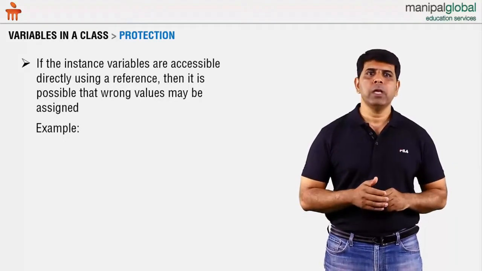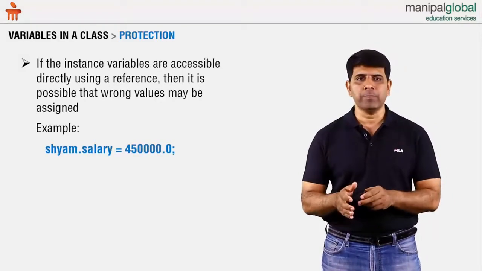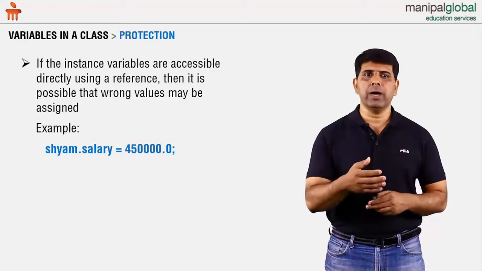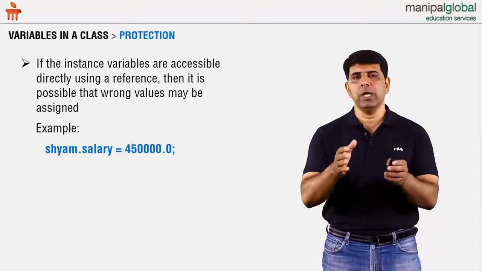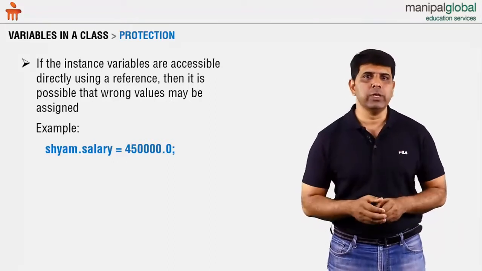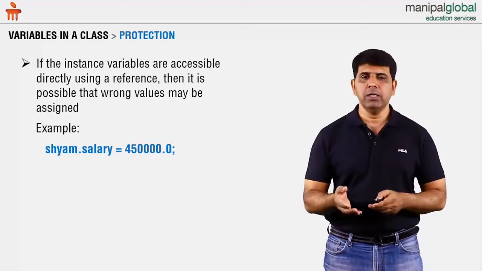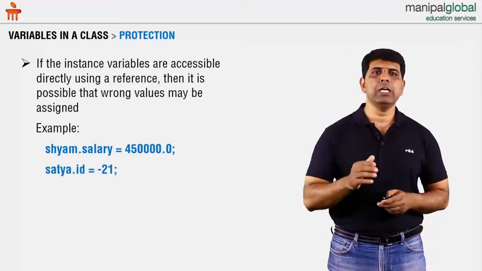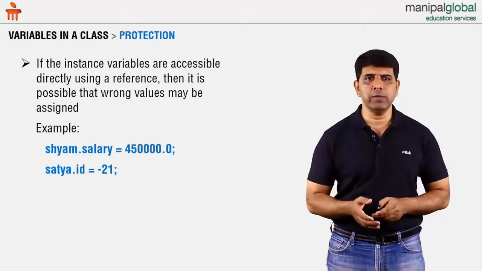For example, Shyam.salary equals 4,50,000 looks fine to us, but as per the validation rule it should be between 15,000 and 2 lakh, so this value is incorrect. But is it incorrect for the compiler? No. Similarly, id equals -21. There is nothing wrong because id is an integer.